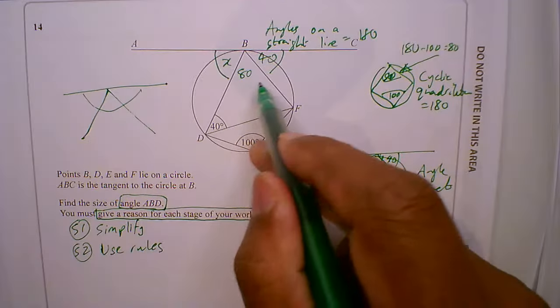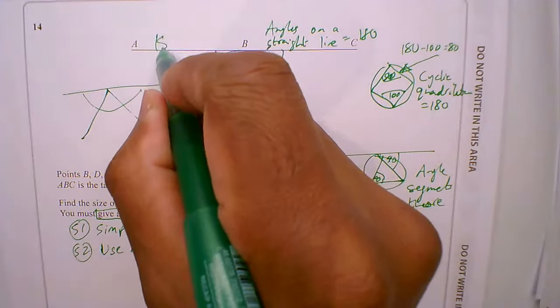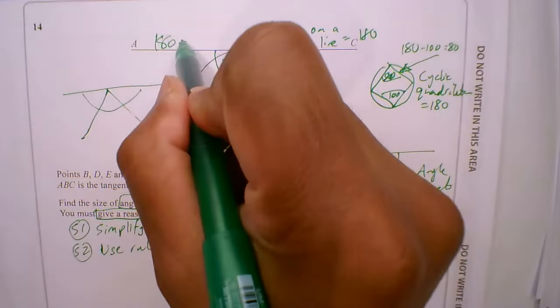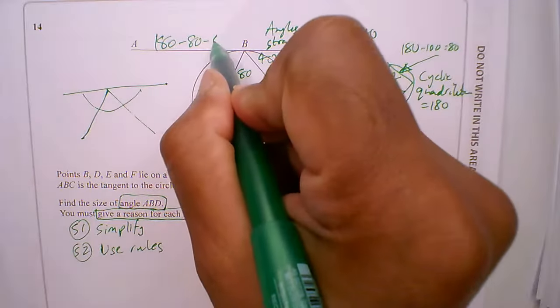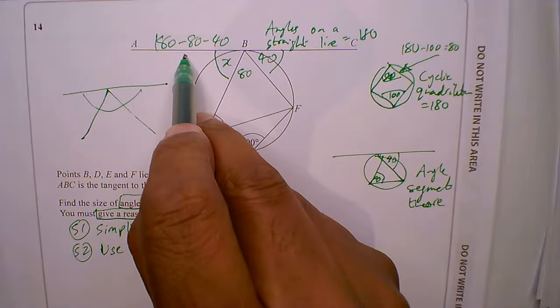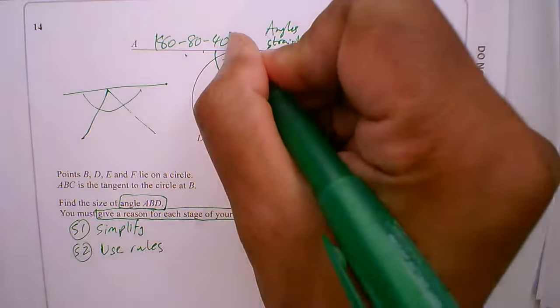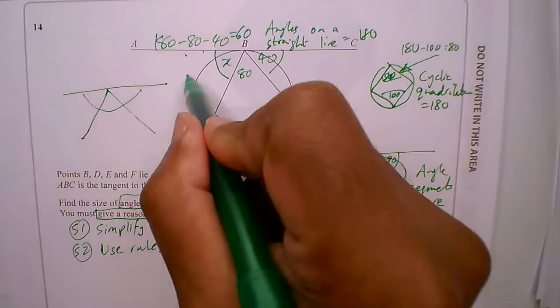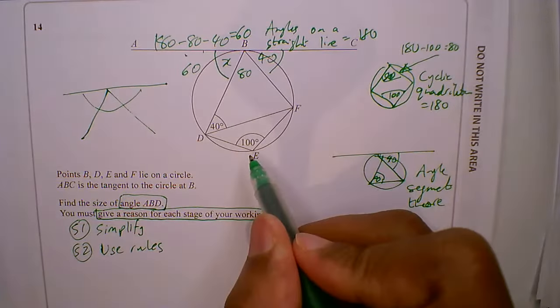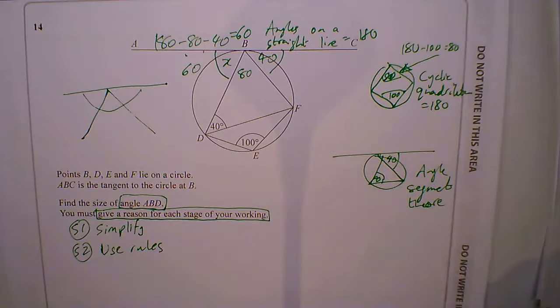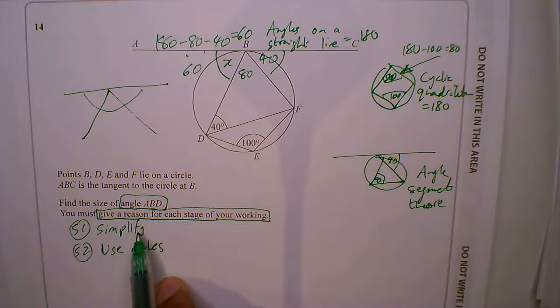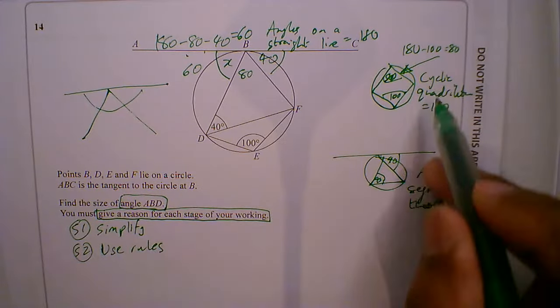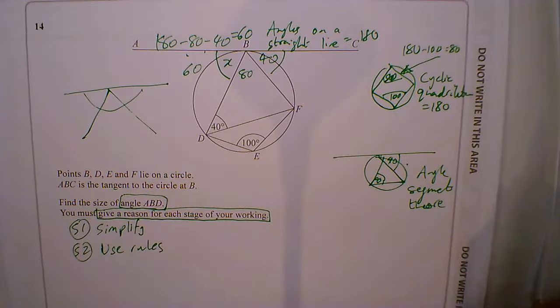And so this is now quite a straightforward calculation. 180 minus 80 minus 40, which gives us 180 take away 80 is 100, take away 40 is 60. So that's quite a nice, simple answer in the end. So what looked very complicated, because of this simplify strategy and using our rules, became quite easy.